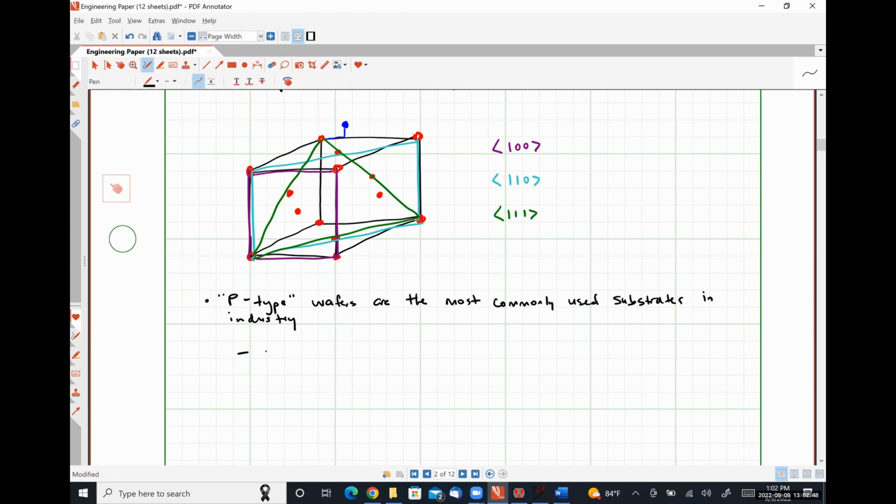So NMOS transistors are fabricated directly in our substrate.